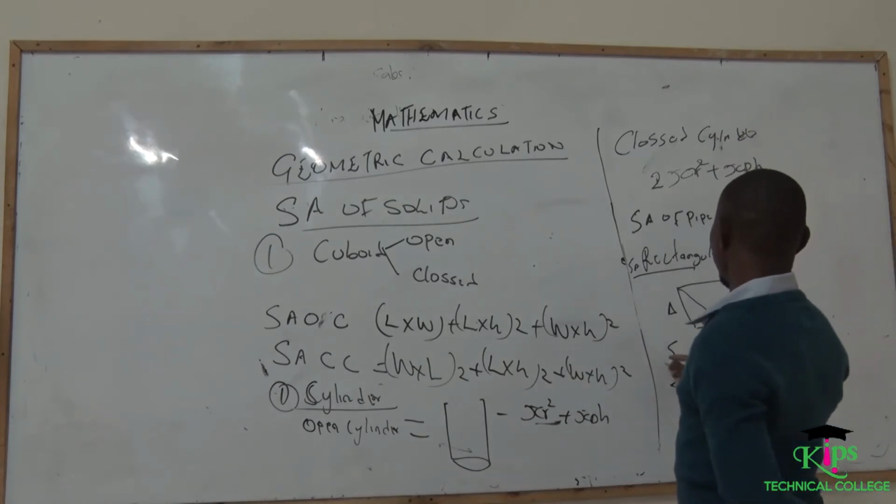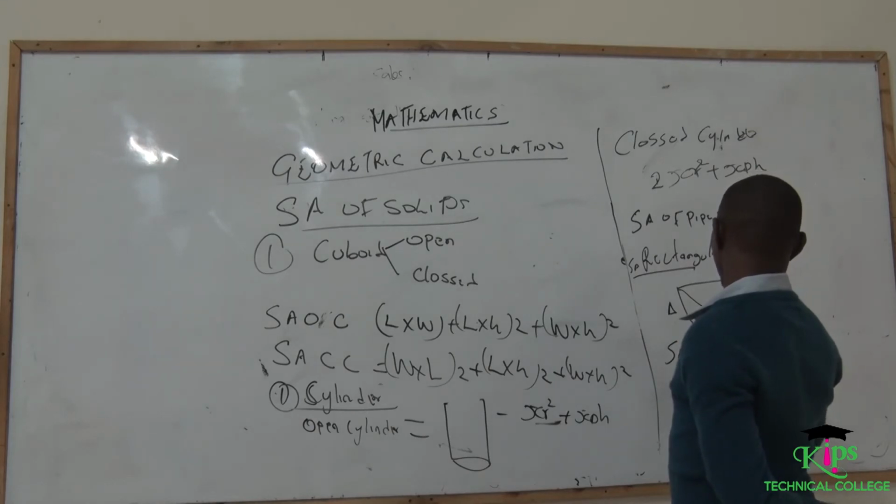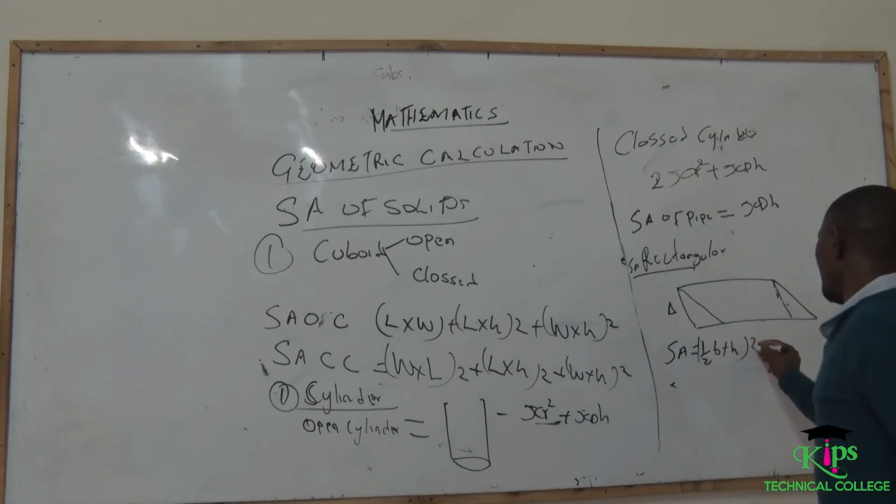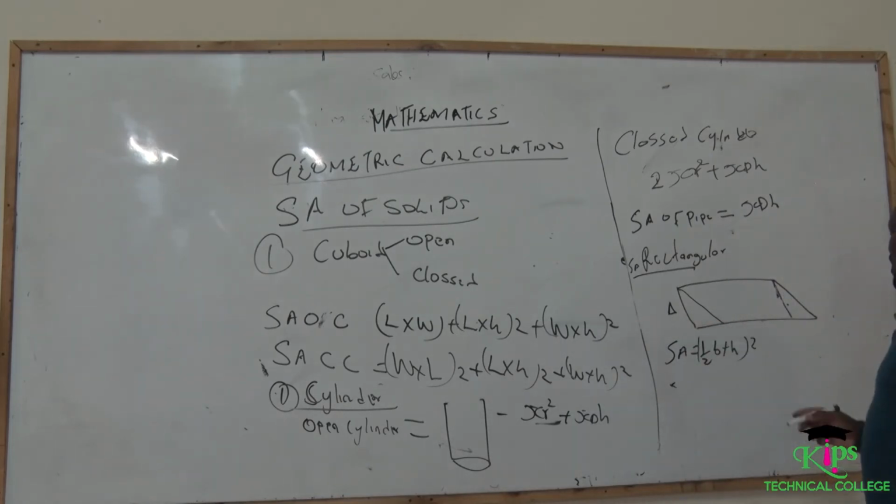For us to get the surface area, we get half base times height, multiplied by 2 since we have two triangles, plus length by hypotenuse, plus width, or breadth, times length, this for the bottom.